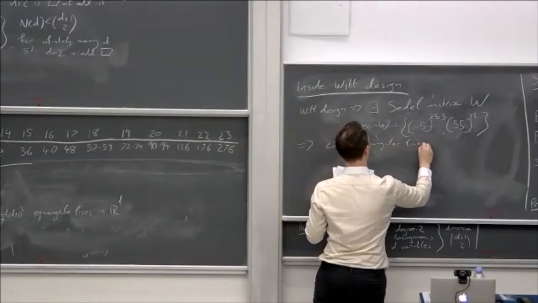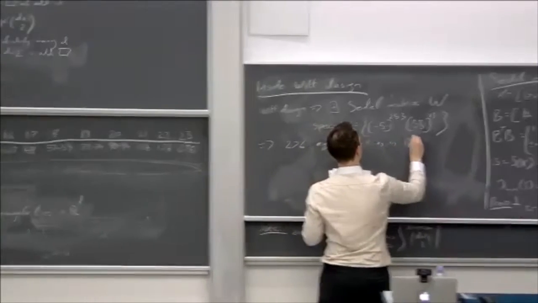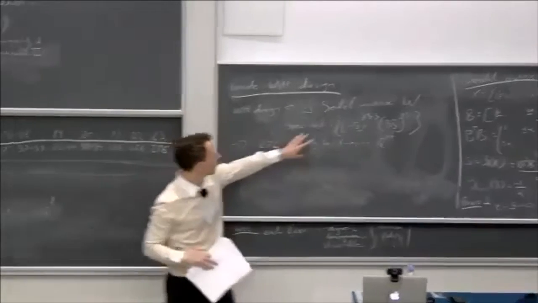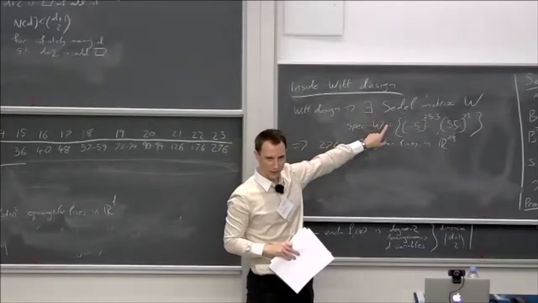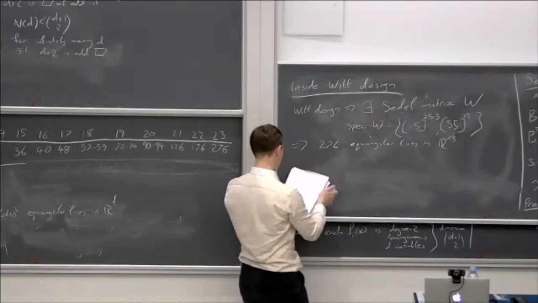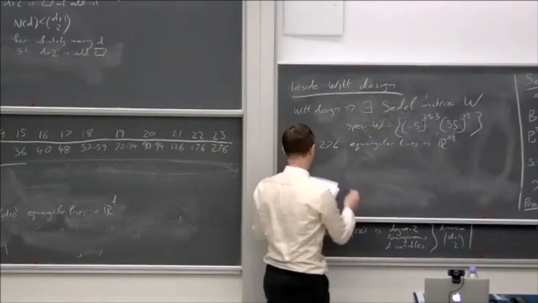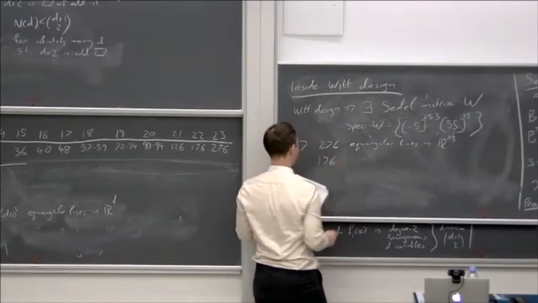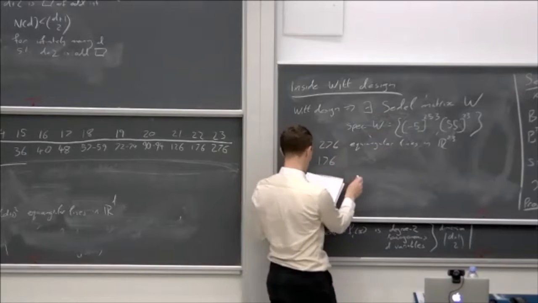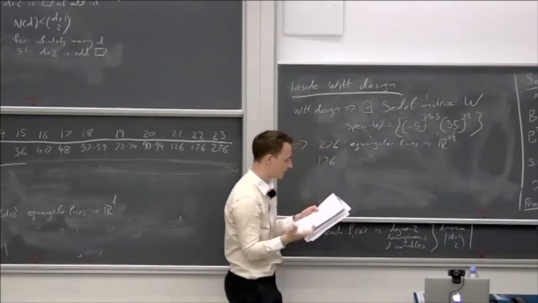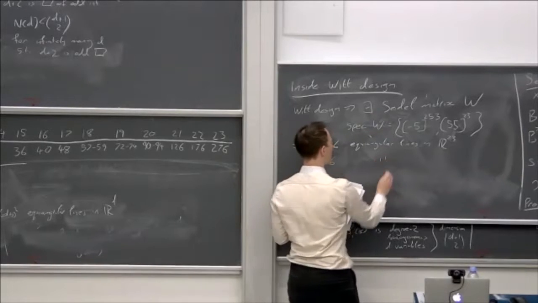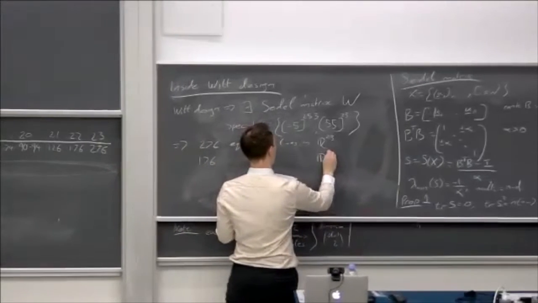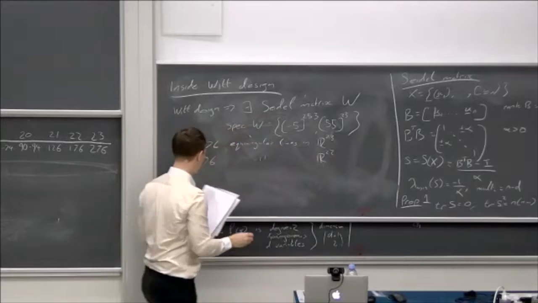And what you can do is look at principal submatrices of this Seidel matrix, and you'll find really good Seidel matrices inside. So if you look carefully enough, you can find a 176 by 176 principal submatrix, which corresponds to 176 equiangular lines in dimension 22.